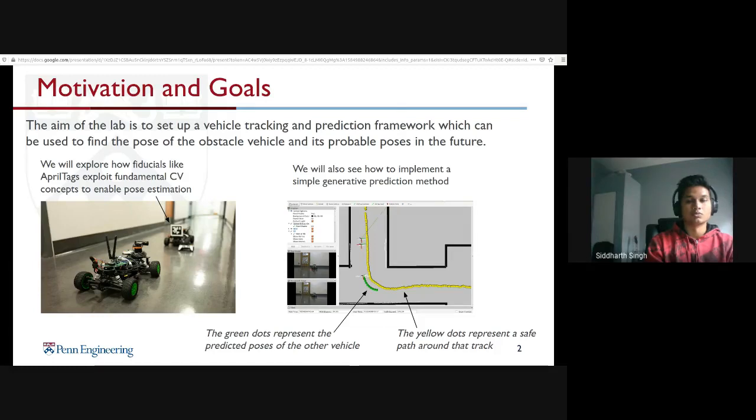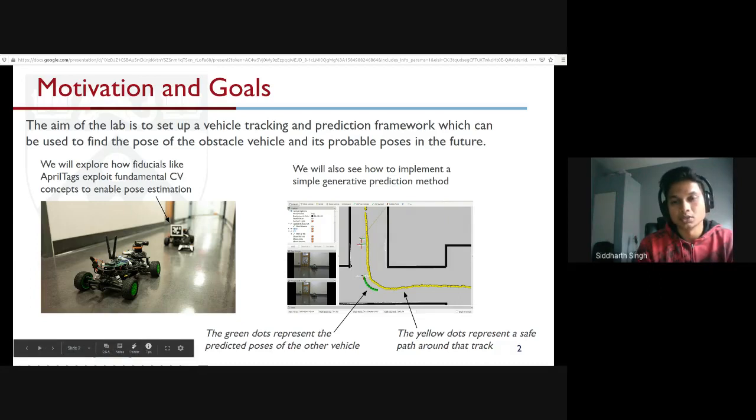And also, more than that, if you have an understanding of where the car will be in the future, depending upon some heuristics or dynamics, or maybe even a learned network.